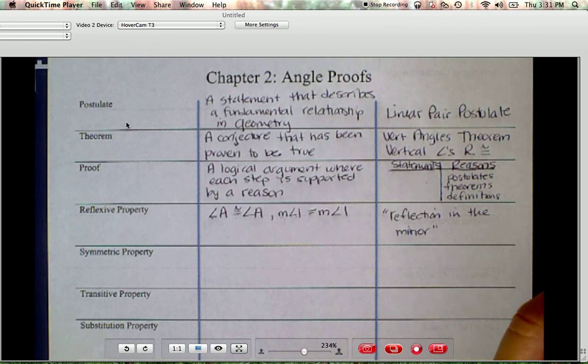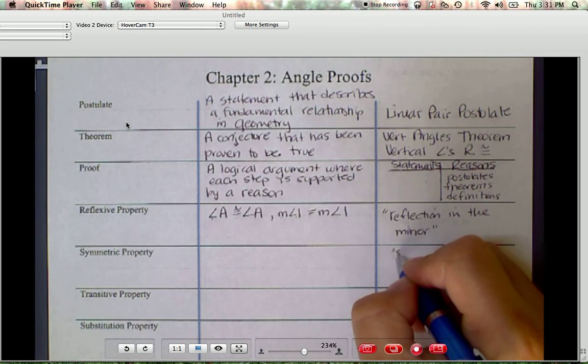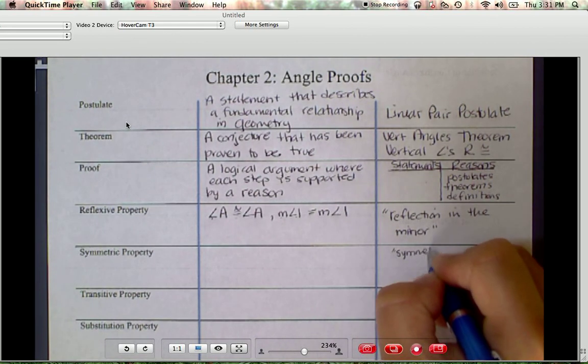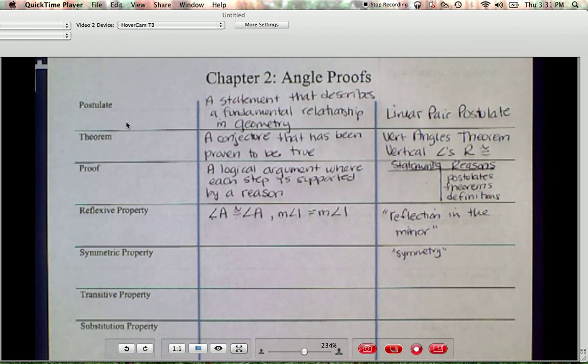Now, reflexive property can be confused sometimes with the symmetric property if you're not thinking about it the right way. Think symmetric comes from the word symmetry. Symmetry. That's the word you're thinking of. They come from the same root. And think about what symmetry means.